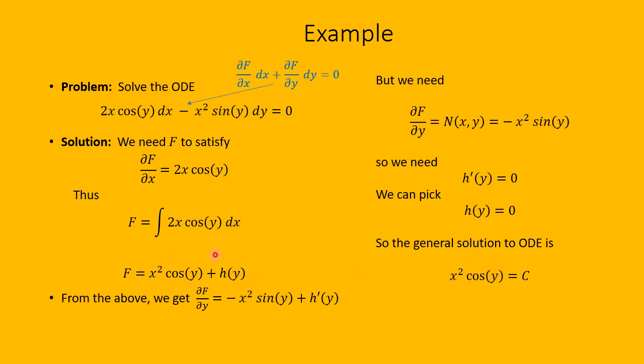I got that from over here. F is x squared cosine y plus 0. And our general solution then is f of x,y equals an arbitrary constant. So we get a family of curves here. Those curves are sometimes called integral curves for this differential equation.